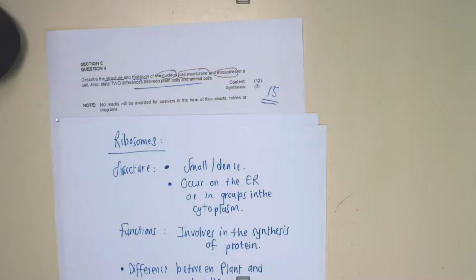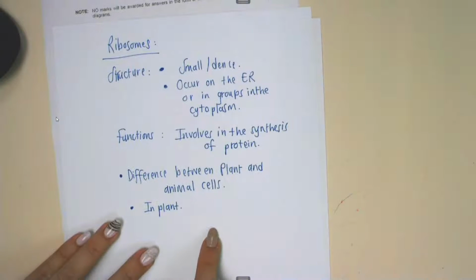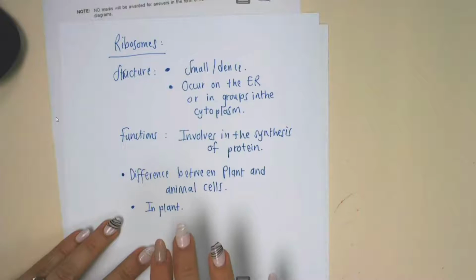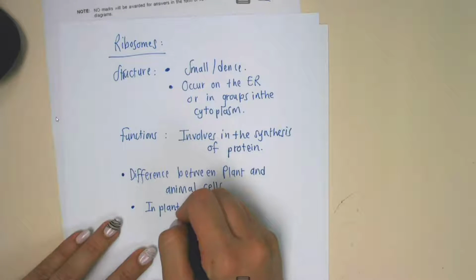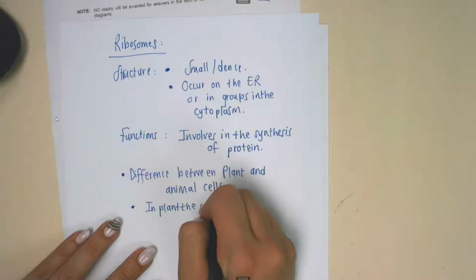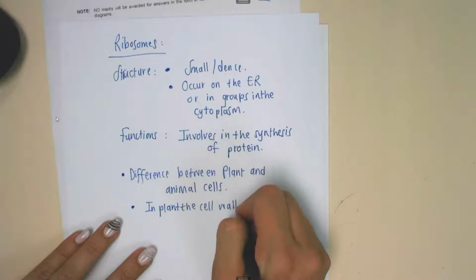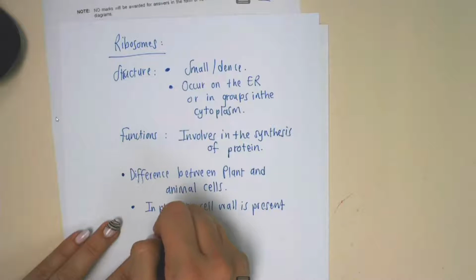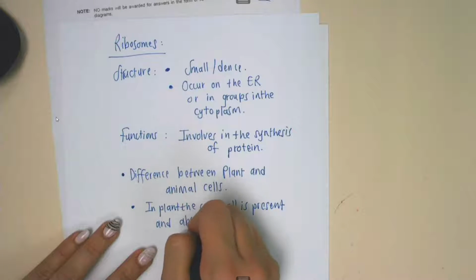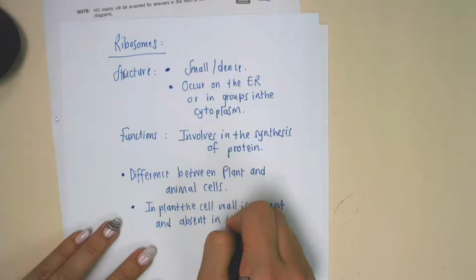So don't tabulate in the following question; have it as is, please. So in plants, the cell wall is present and absent in the animal cell.